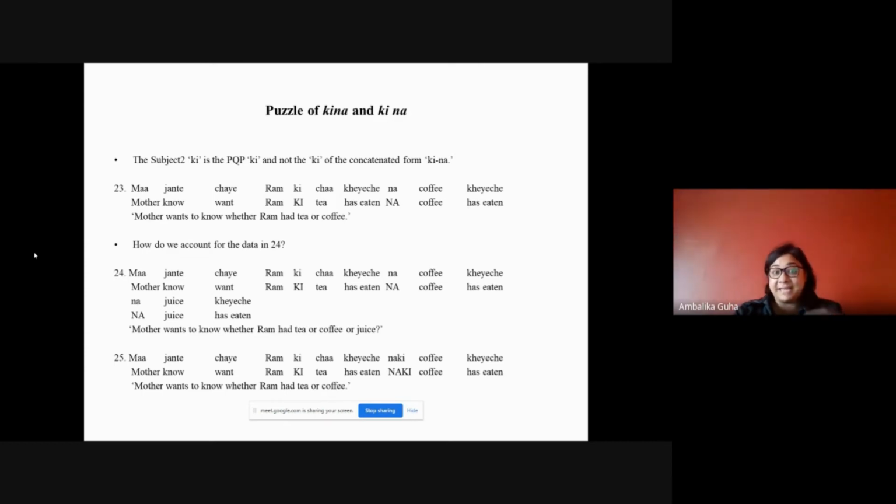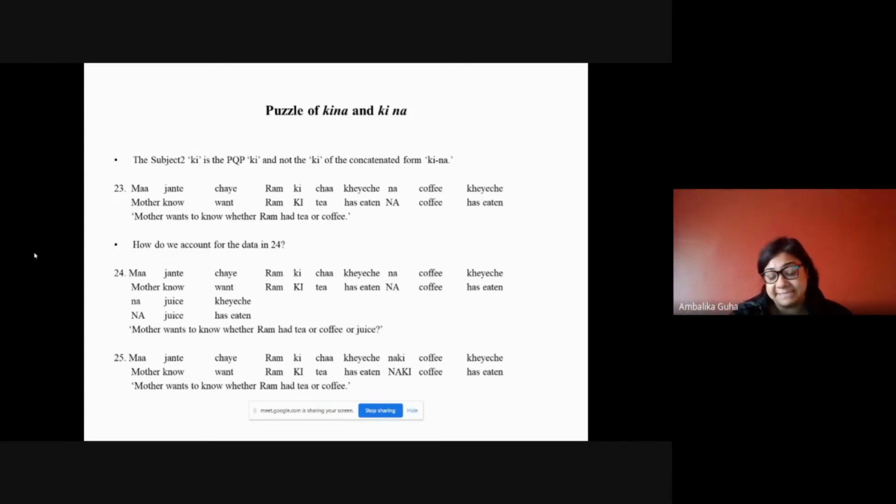Another piece of evidence, number 25, is where ki and naki can co-occur in an alternative question structure. Like Ma jante chahe Ram ki cha kheche naki coffee kheche. Naki, as I mentioned earlier, is a polar question particle as well as an alternative question marker.